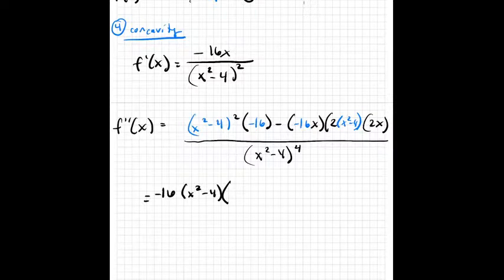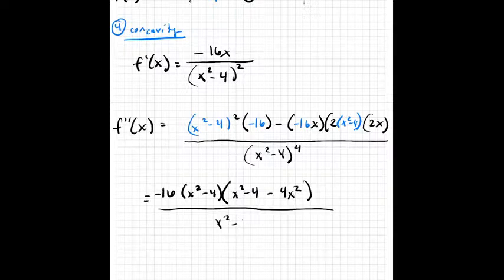X squared minus 4. Okay. 2x times x is 2x squared. So then it's going to be 4x squared. So we're going to say minus 4x squared, because that's gone already. Okay. Over x squared minus 4 to the power of 4.